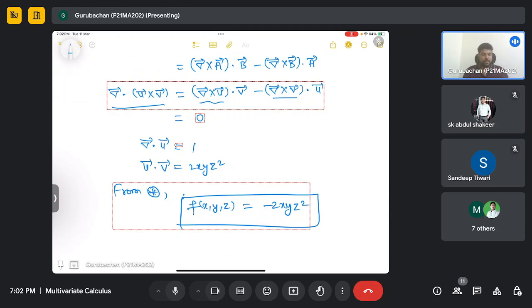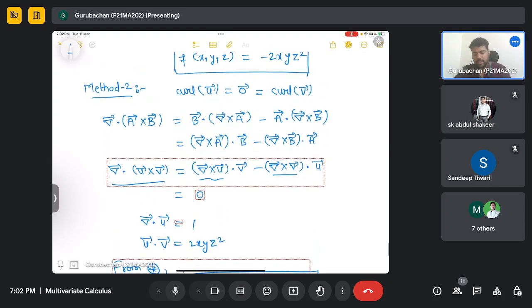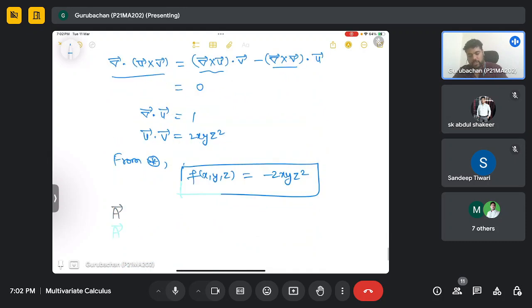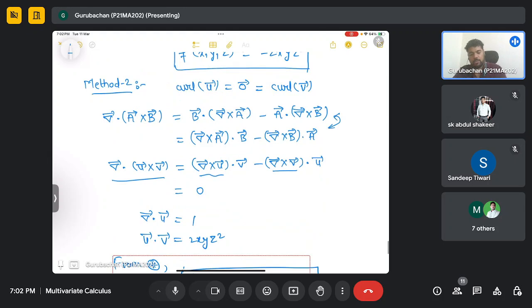So these are two ways to calculate this scalar function. One is a little harder way and one is a smarter way. So my question from here is, I have written here that I can shift their dot product, like commutativity.